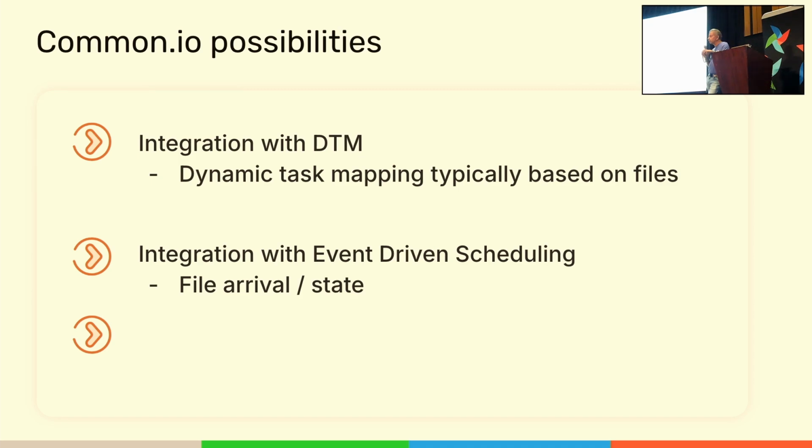One is dynamic task mapping, because so many times people write workflows based on a bunch of files showing up on, for example, S3, wanting to trigger a workflow based on all these things showing up, and then saying, hey, I want to process these in parallel, which is a common dynamic task mapping use case. And also directly triggering events and triggering workflows based on it.